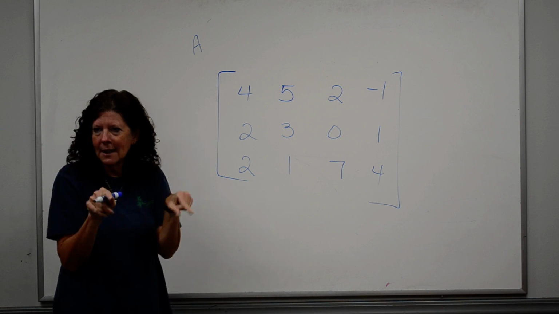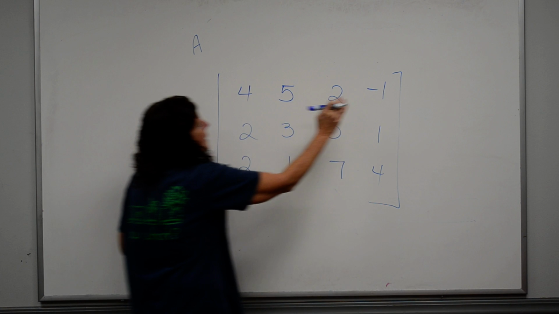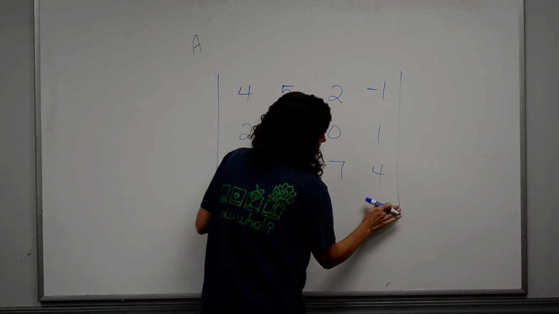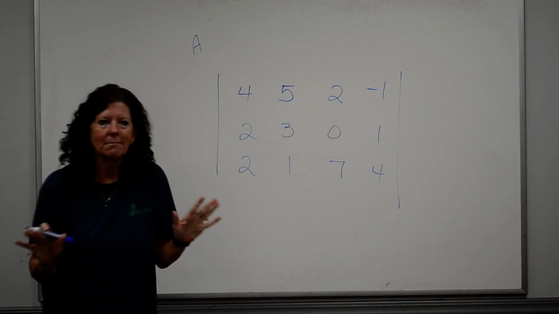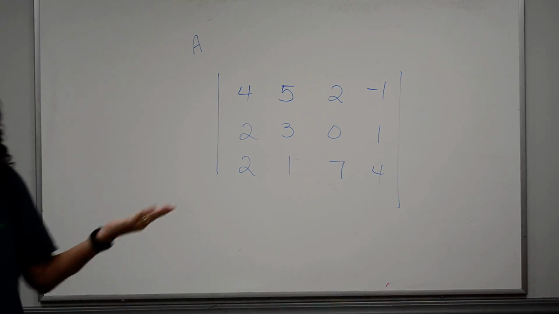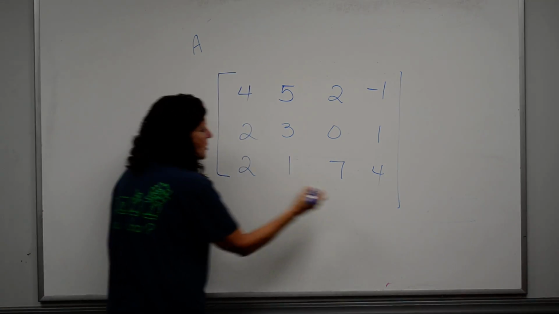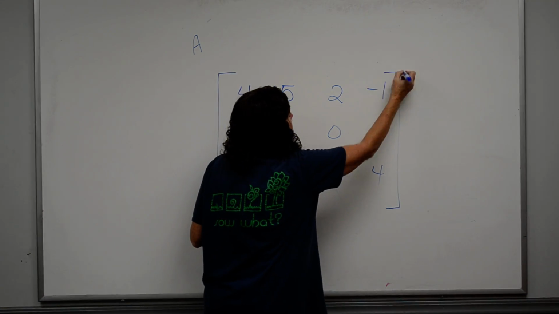Okay, how it goes in like that? Because if you have something that looks like this, it's totally different. Okay, that's telling you to find the determinant of this matrix. We'll get to that later, but right now we're just talking about a basic matrix.